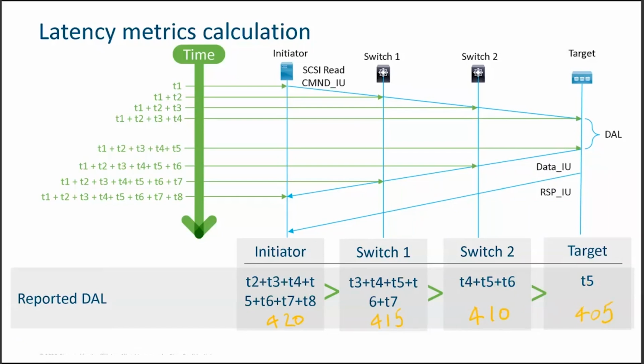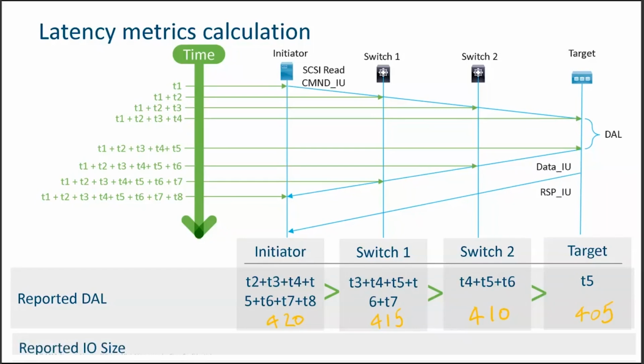This is totally possible. In fact, this is how it works today. These are what we call latency metrics, because we don't calculate them from headers. We rely on local clocks to take a time difference. And because the frames hit these local clocks at different times, the time difference will exist. There's no doubt about that.